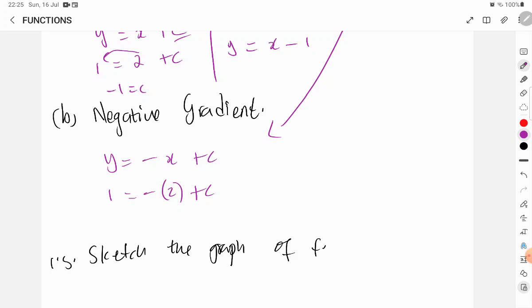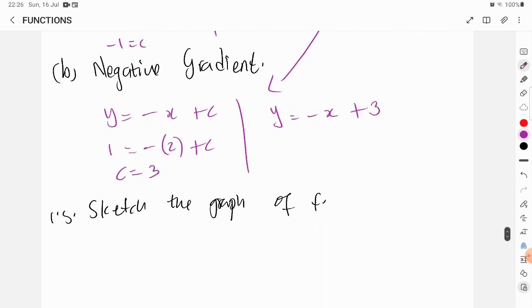So it's just going to be 1 plus 2, which is 3. So c is equal to 3. That means y is equal to minus x plus 3, because 3 is what we were just looking for. So that's when you're looking for an axis of symmetry that has a negative gradient.